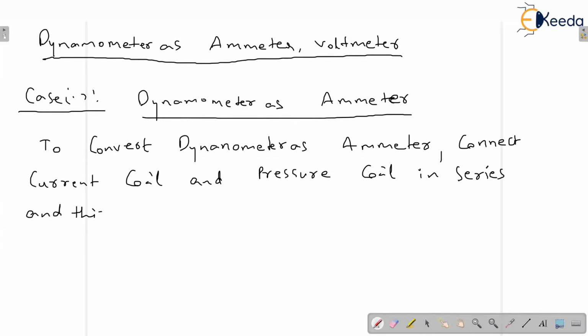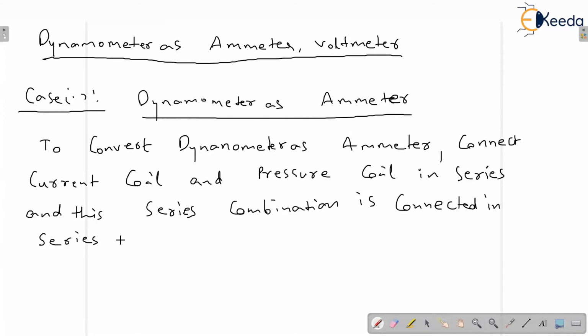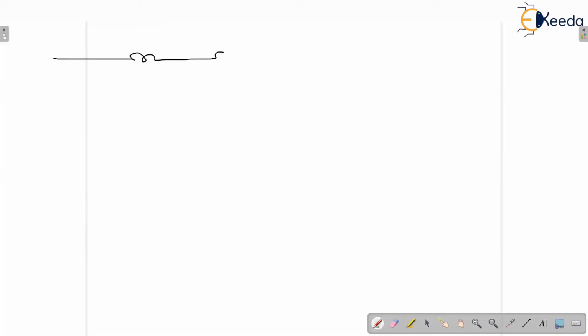And this series combination is connected in series with the load. This is the pressure coil, and this is a load.